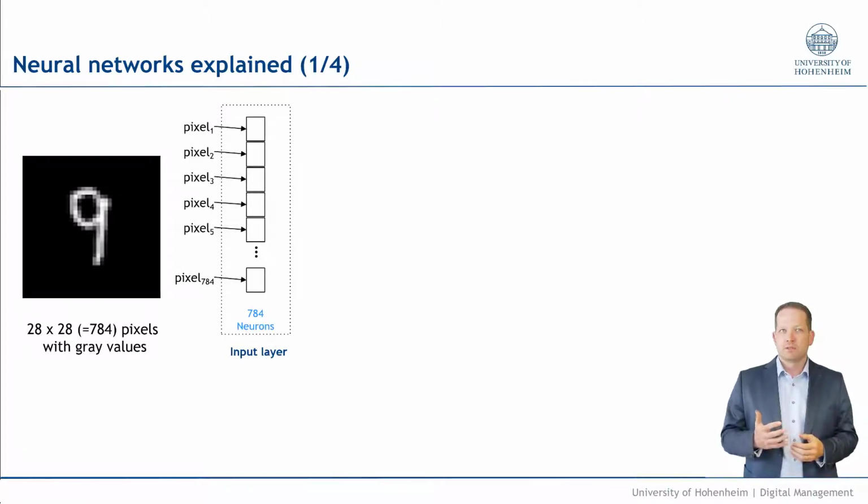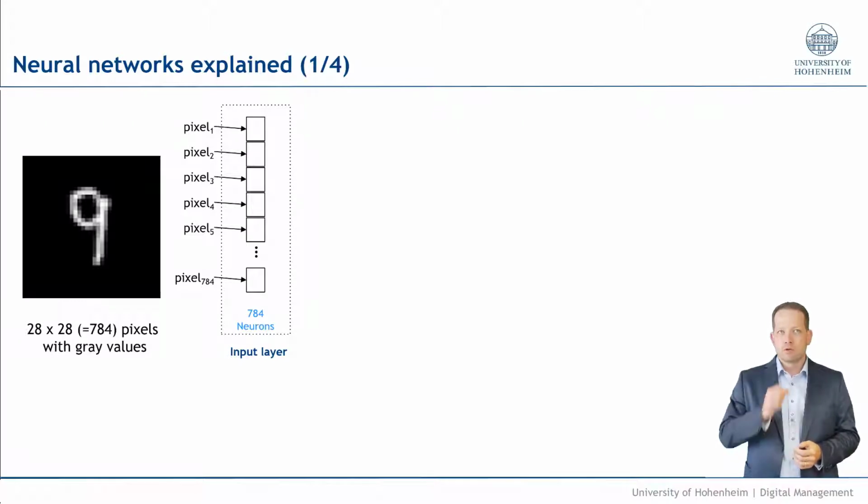The input layer, that's a set of neurons. Here we have 784 neurons, so not the real neurons like you have in your head, but artificial neurons in this artificial neural network. And why do we have 784 neurons in this example? Well, because the image has 28 times 28 pixels. That means it has 784 pixels. And for the ease of implementing it, we attach each pixel to one neuron.